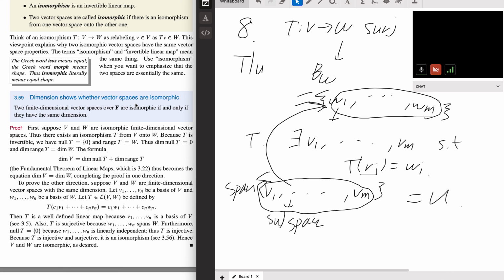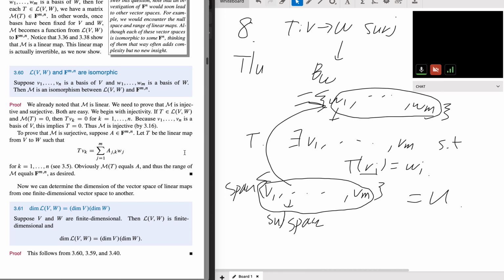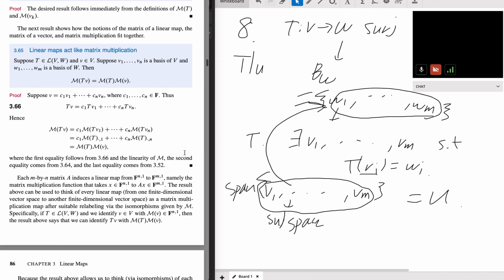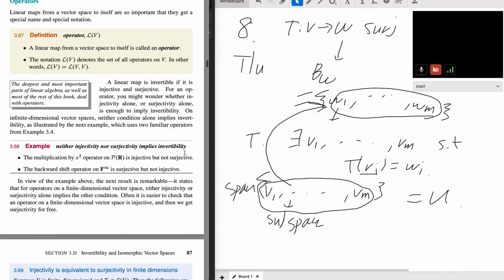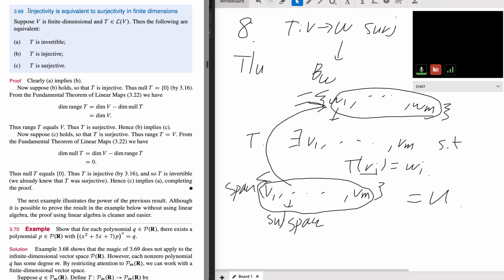Well, okay, no. They are isomorphic, but we're not sure that T is the isomorphism that brings out that isomorphicness. Indeed, we don't know that injectivity is equivalent to surjectivity, or that bijectivity is equivalent to invertibility, because T is not an operator.